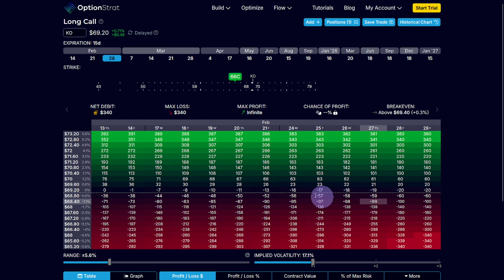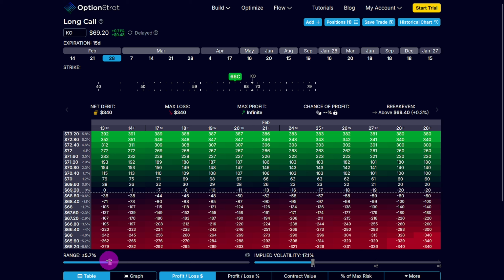To open up this contract, it's going to cost you $340. So that's your max loss. You can see that anything under that $66 strike right here is going to be a total loss at the time that it expires. That makes sense because it would expire out of the money and it would expire worthless. You can also see that the price of this option increases when the stock also goes up.